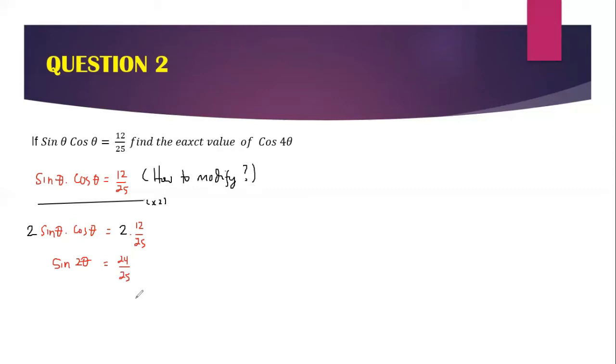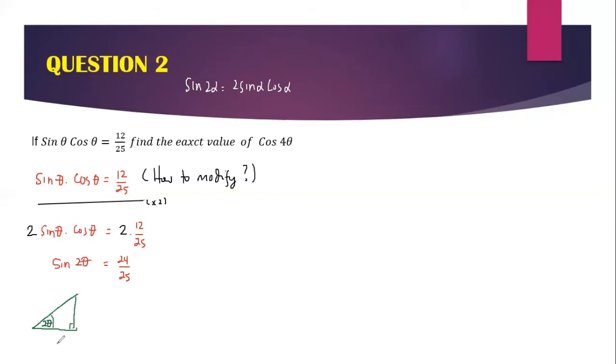Is it correct? Yes, sir. Okay, listen. Sine 2 alpha equals 2 sine alpha cosine alpha, right? And then next, we have to draw the triangle, right? So the angle is 2 theta.